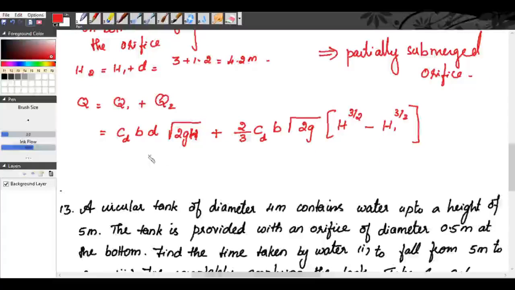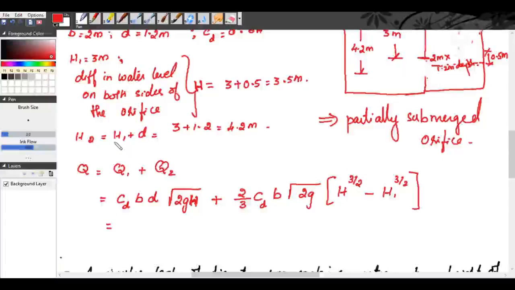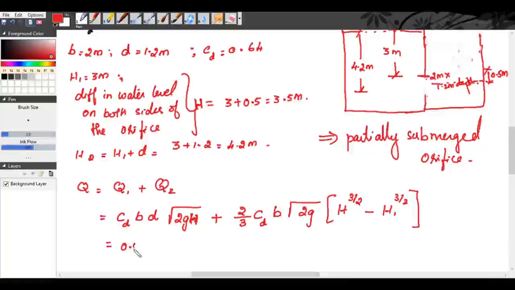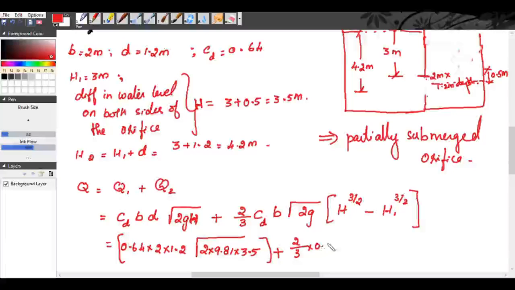So what we get is, we can substitute CD is 0.64, B is 2, D is 1.2, into square root of 2 into 9.81 into H is 3.5, plus 2 by 3 into 0.64 multiplied by B is 2 into square root of 2 into 9.81, H is 3.5 raised to 3 by 2 minus H1 is 3 raised to 3 by 2.